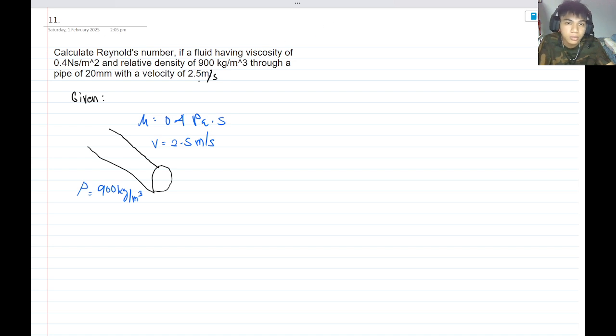And ano pa? I guess that would be the D of the pipe. Parang length lang. I think that's the length. Or it might be the diameter. Nalagay lang natin dito. D pipe. It's 20. Since I think wala naman tayong gagawing much modification here. Except converting. So, ang ask natin is the Reynolds number.